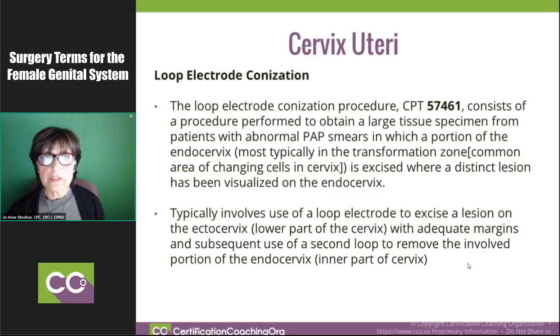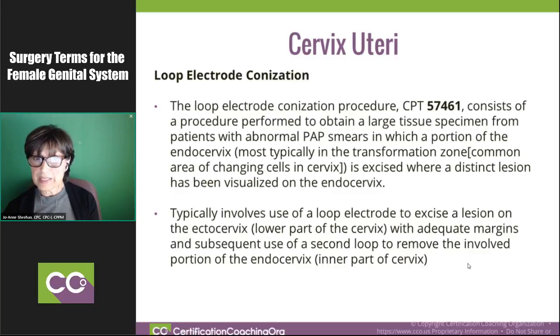So the loop electrode conization procedure 57461 consists of a procedure performed to obtain a large tissue specimen from patients with abnormal pap smears in which a portion of the endocervix, and this is most typically in the transformation zone, is excised. The transformation zone is a common area of changing cells in the cervix where the abnormal cells typically appear.